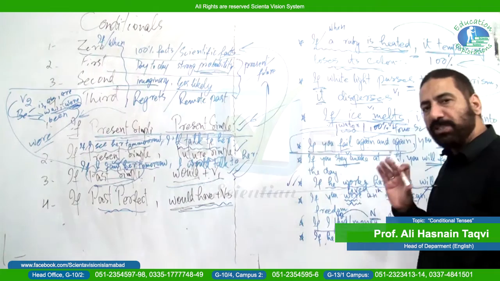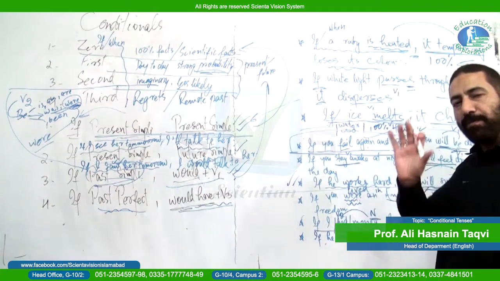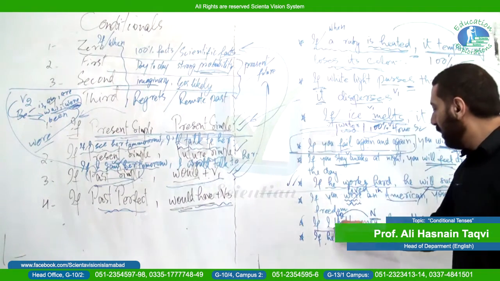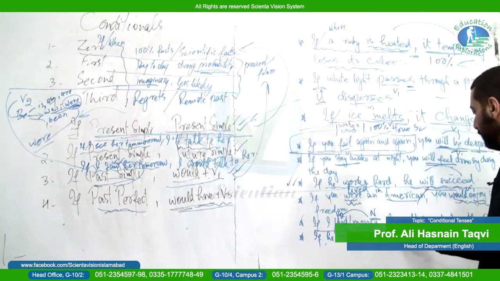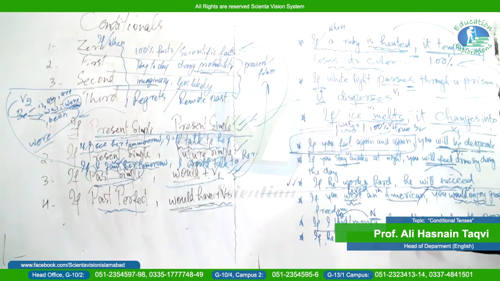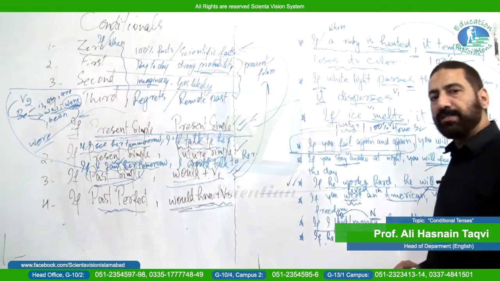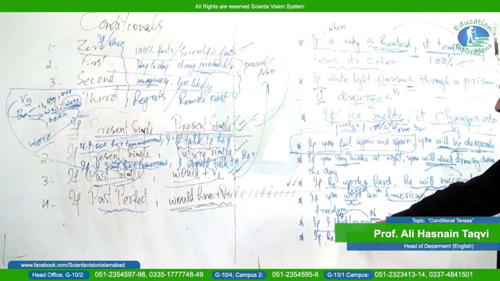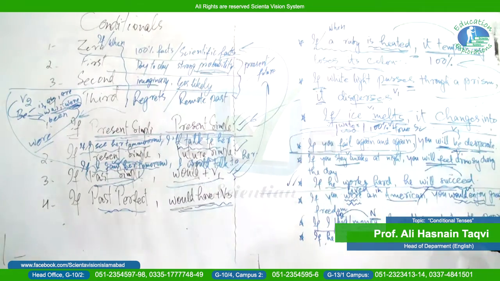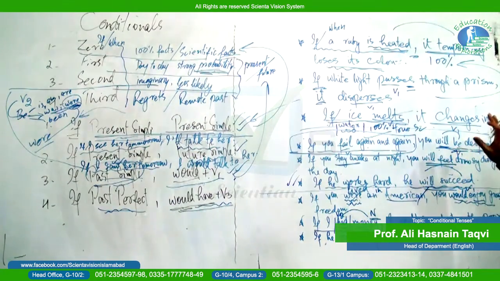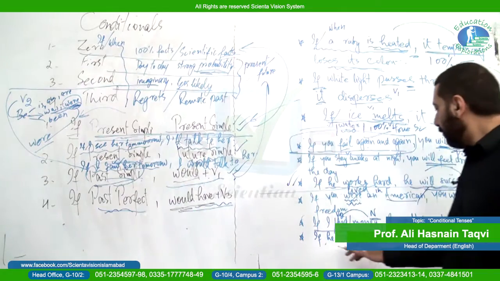Being able to decipher a structure is of utmost importance. If I had money, comma, I would spend it on the poor. So correct structure it is. Like past simple, would V1. No problem whatsoever.